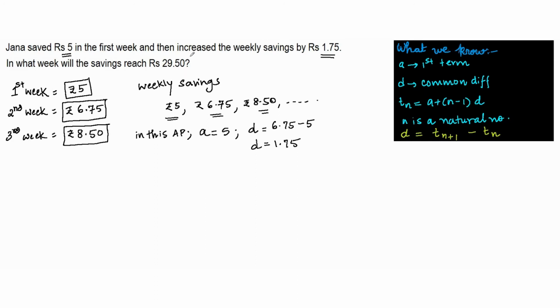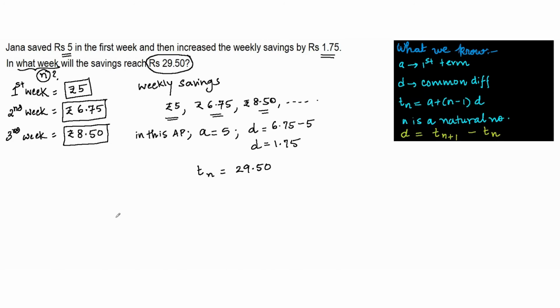Now we have to find in which week will the savings reach rupees 29.50. So I can say that the nth term is therefore 29.50. And I know the formula, so I have to now find in what week, right? So basically I'm trying to find the value of n. In which week?